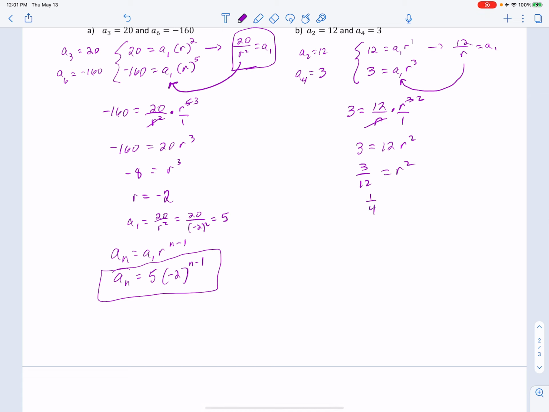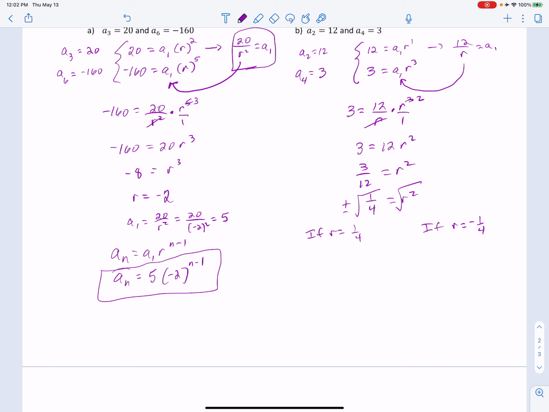It's a 1/4 is r squared. And this is why you get 2 answers. Because when you take the square root, an even root of both sides of an equation, you need plus or minus. So you have, if r is positive 1/4 as one answer, and then you separate that for if r is a negative 1/4, you have a different answer.